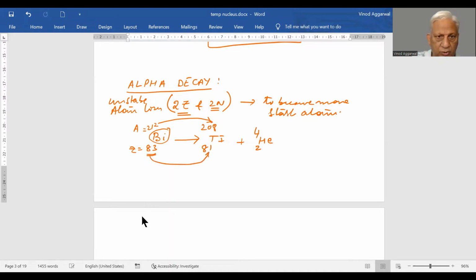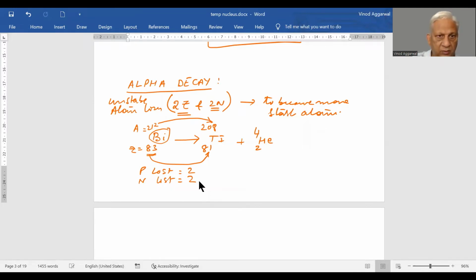It has lost 2 protons. Protons lost is equal to 2 and neutrons lost is also 2, because the difference between A value is 4. So total difference will be 2 plus 2 is 4.